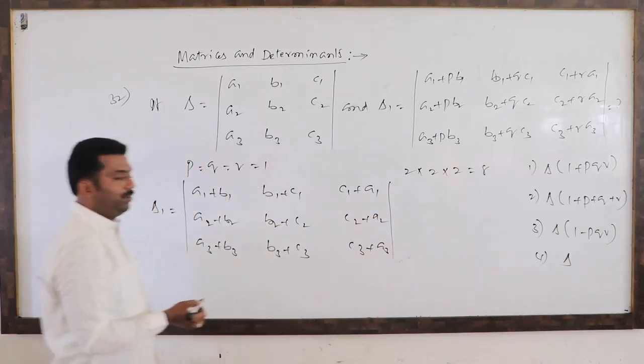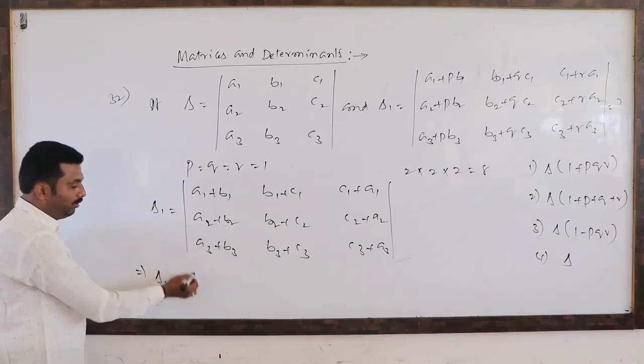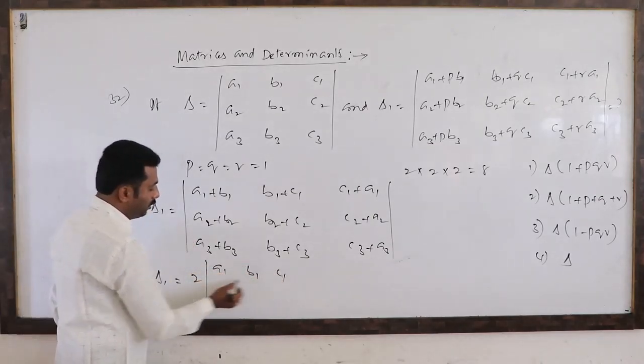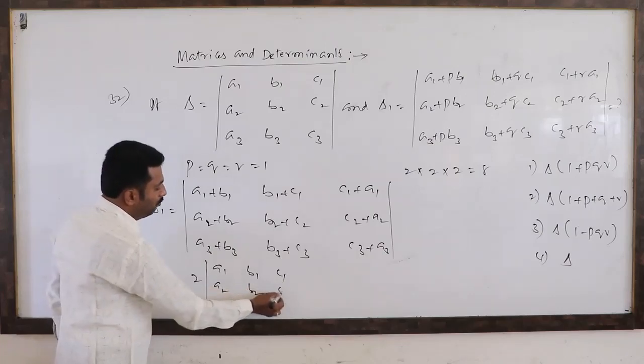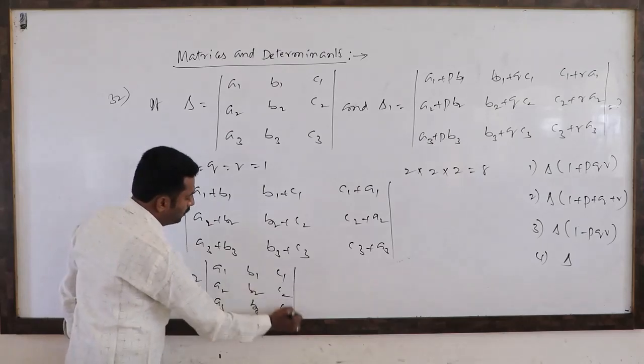So if you apply operations, it is one standard result also. Delta 1 equal to 2 times the determinant of a1, b1, c1, a2, b2, c2, a3, b3, c3.